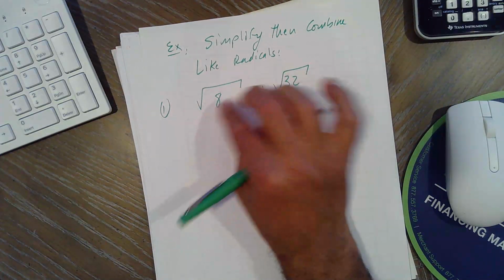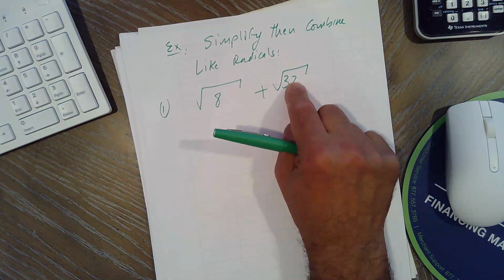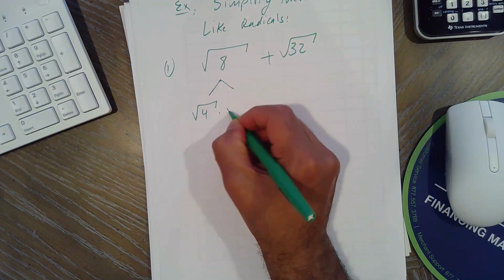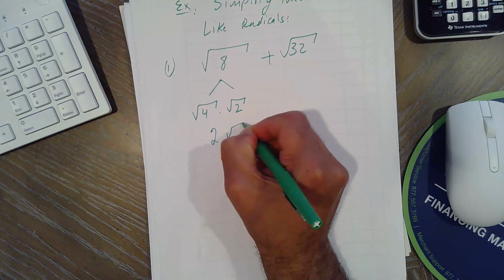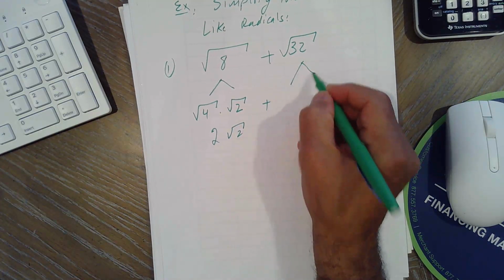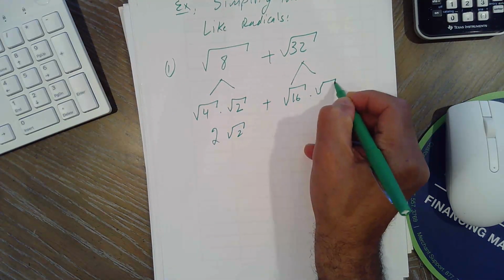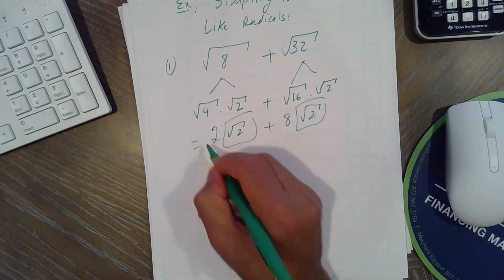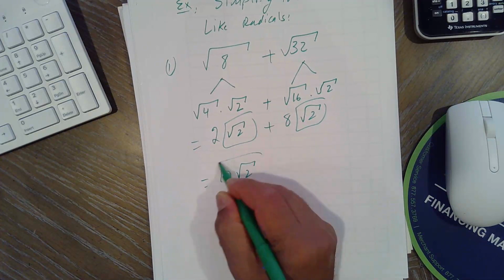You can see these don't look like like radicals because the 8 is not the same as 32, but if we simplify them using the product rule, you get 2 root 2 plus, this is 16 and 2, so it's 4 root 2. 2 root 2 plus 4 root 2 is 6 root 2.